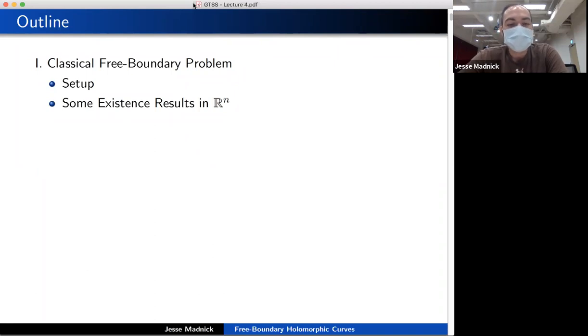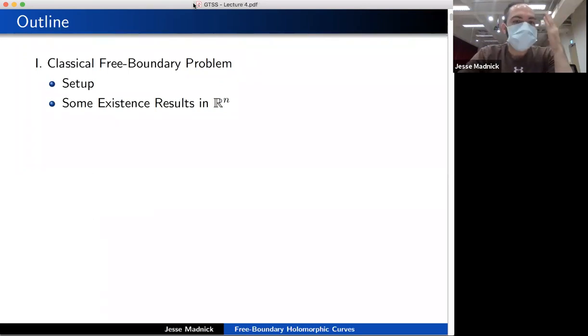This turns out to be not only a very geometrically natural condition, but it's very well behaved. And this subject of free boundary minimal surfaces has really just exploded in the last 10 years, really around 2010, 2011. Since then, there has been a huge amount of work done on this problem.